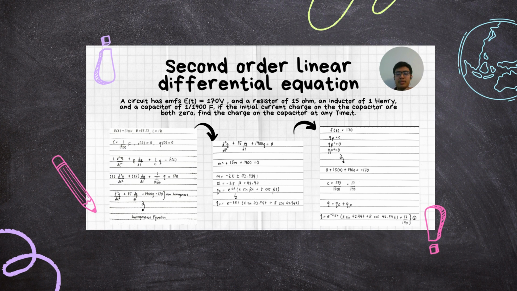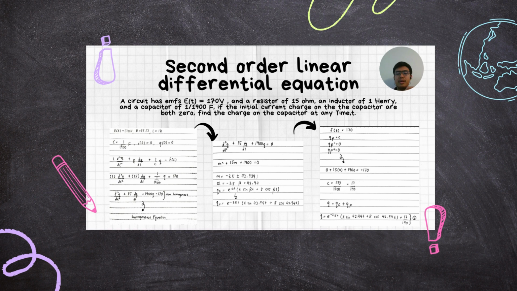So we get the value of m as -7.5 ± 42.939i. It means that b² is less than 4ac, so we get the complex case.